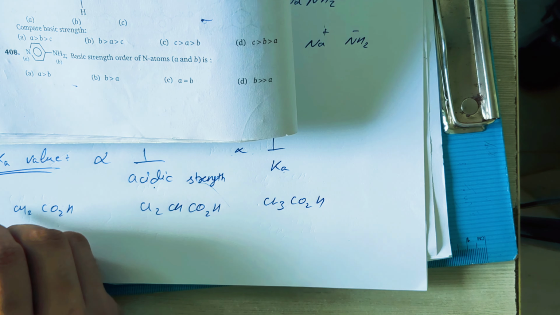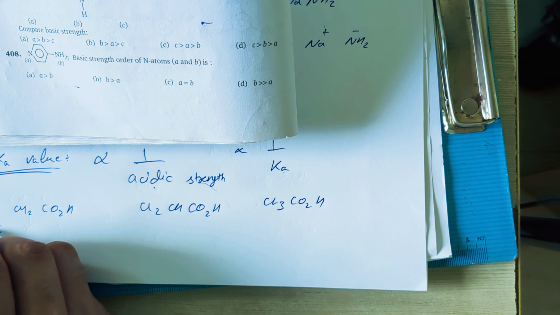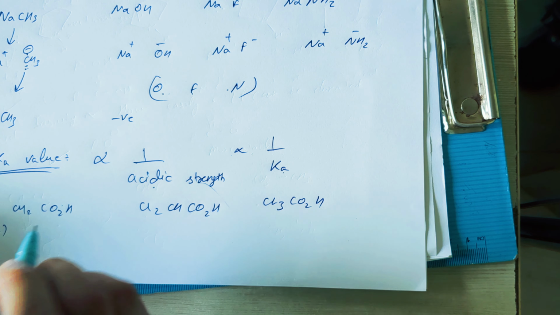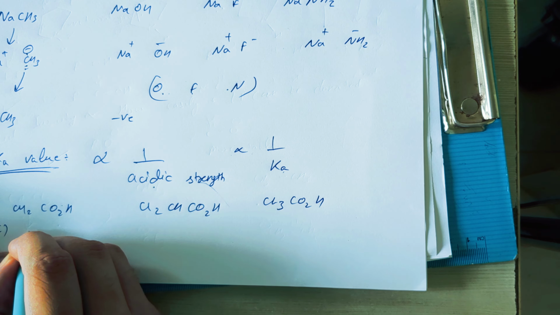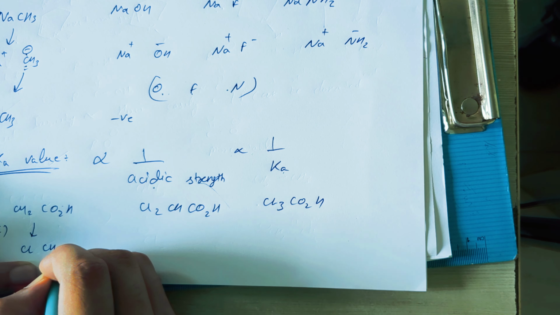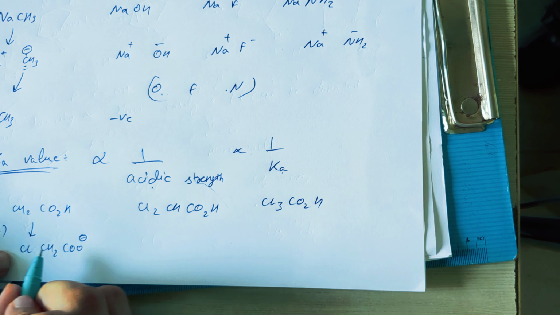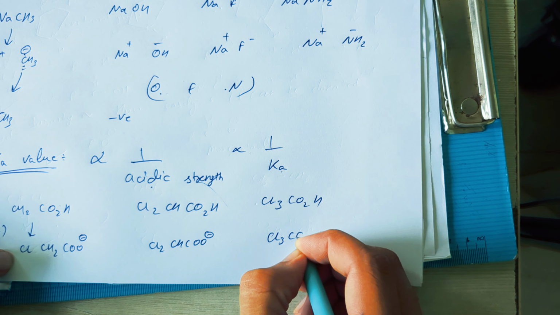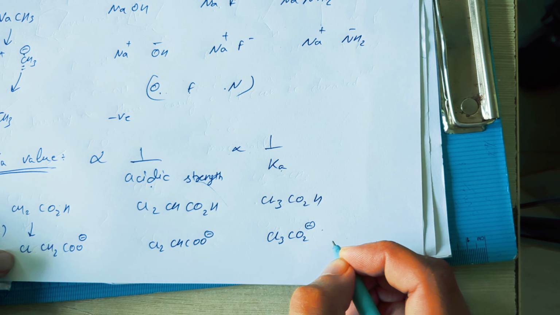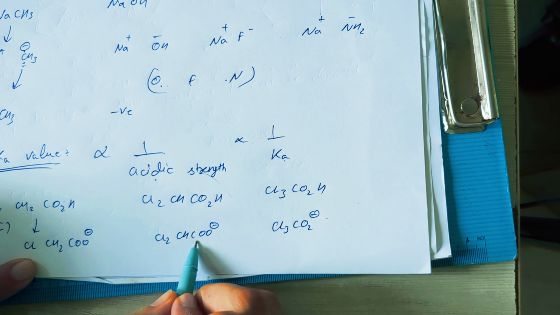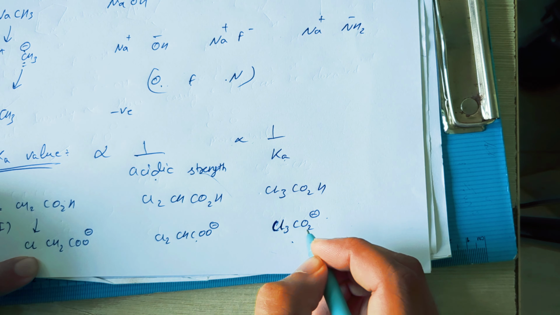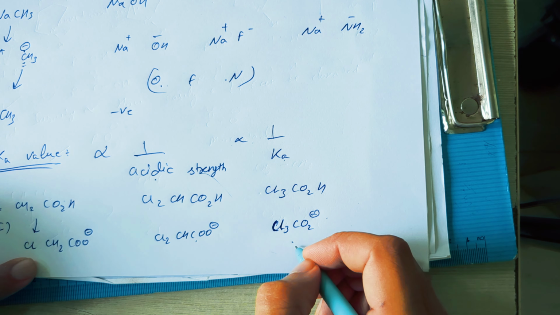Okay, here we know chlorine exhibits a minus I effect, which pulls electrons from the carbon. So after drawing its anionic form, COO negative, now here Cl2CHCOO negative, again Cl3CCOO negative. You can see here the negative charge will be more stable here because here there are 3 chlorine atoms, that's why they exhibit more minus I effect, that's why it is more stable.